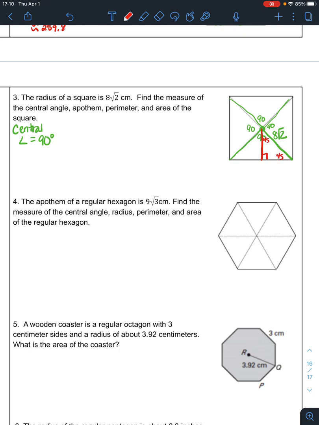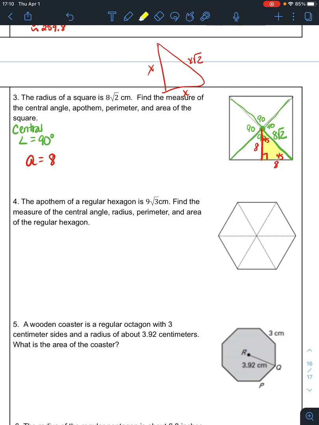If we split that 90, that makes this 45 and 45. If you look on your formula chart, it was x root 2. So we have our x root 2 on the hypotenuse, so that means that x is 8. So this is 8 and this is 8. So my apothem is 8.